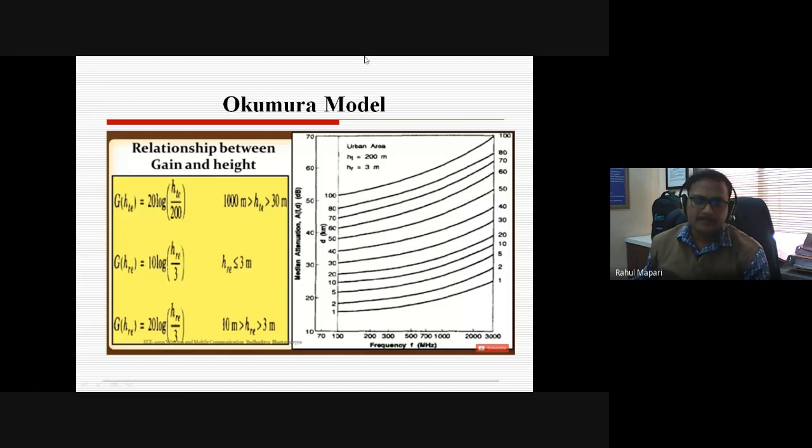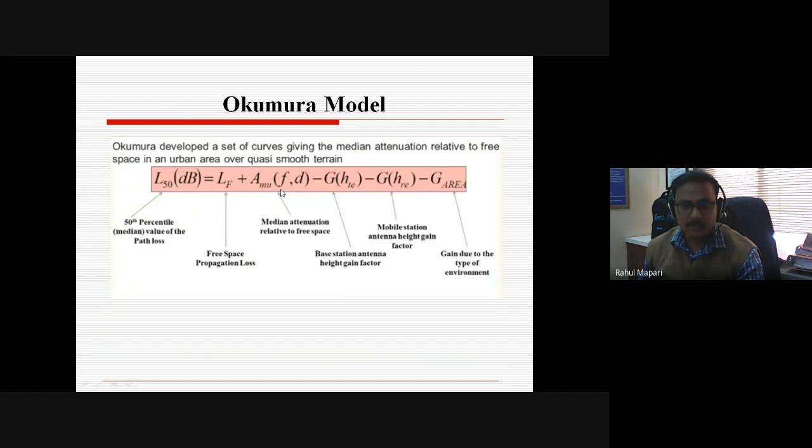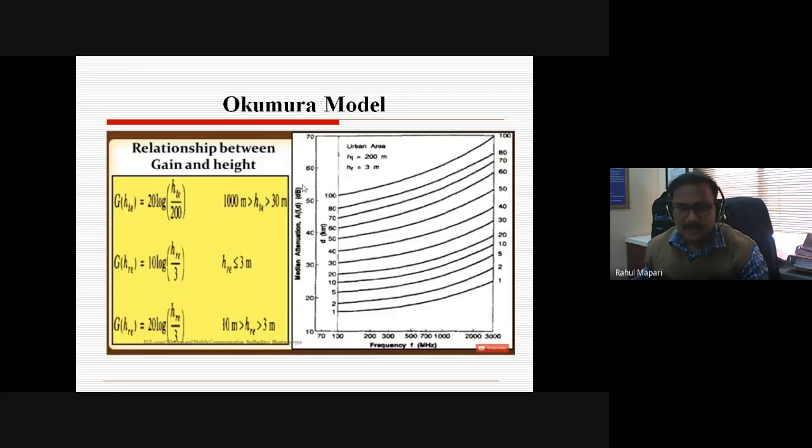Then this is a graphical method. It is called an empirical method. So in that, how do we find the attenuation? This term is AMU of F comma D, where F is the frequency and D is the distance between the transmitter antenna and receiver antenna. If you see the right side, the x-axis indicates the frequency, in megahertz.